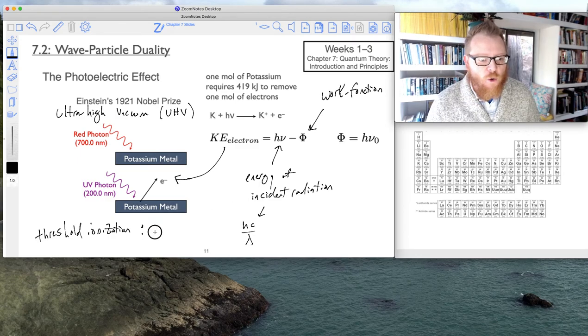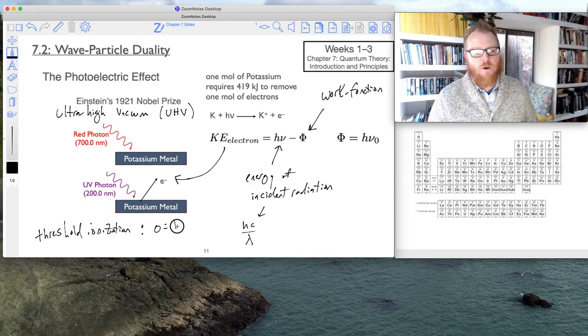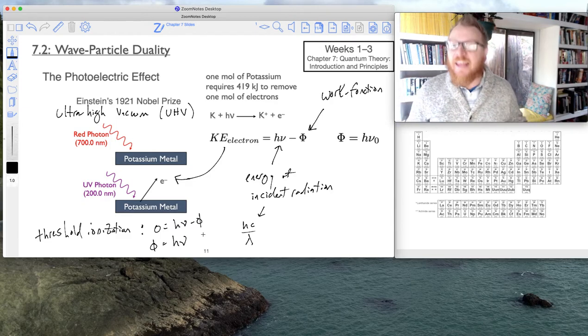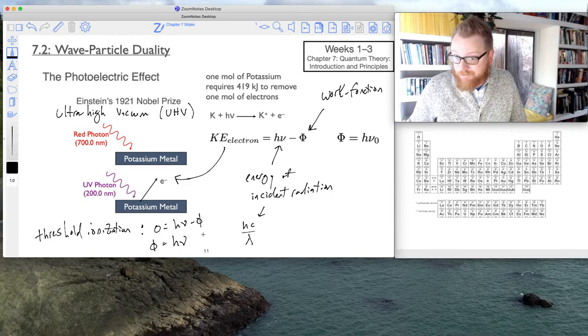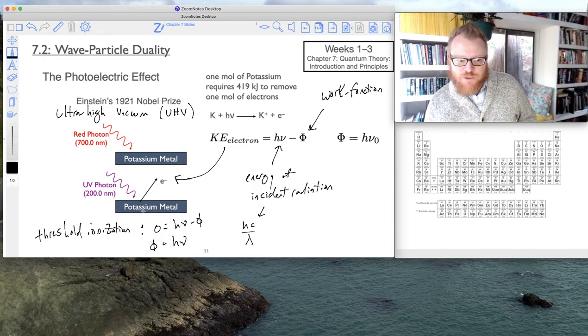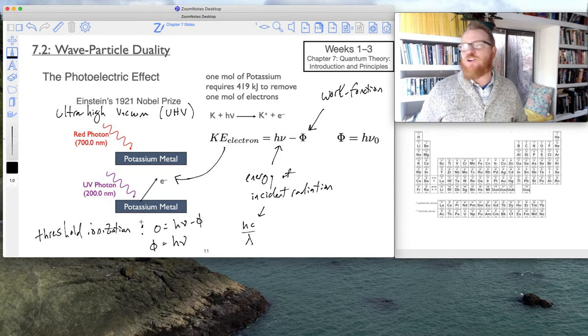So threshold ionization is when the kinetic energy of the electron is 0, and that means 0 equals h nu minus phi, which means phi, the work function, is exactly equal to the energy of the incident beam of light, okay? So you're not really going to get any, because there's no kinetic energy of that electron, you're not going to be able to detect it, okay? So that's why it's called the threshold.